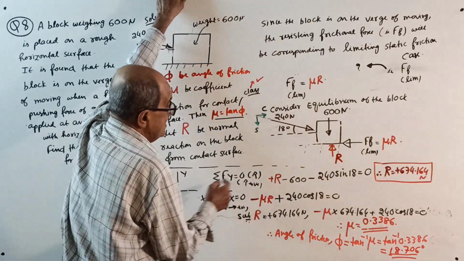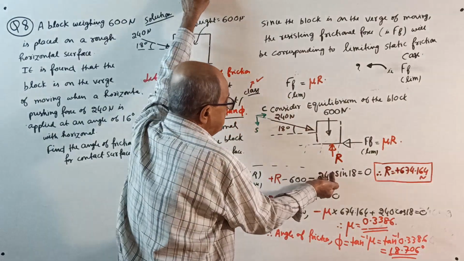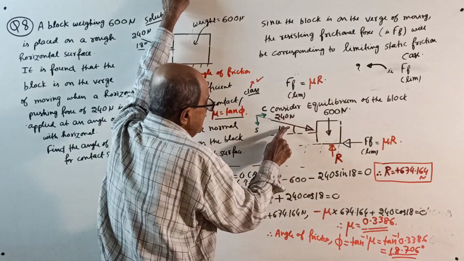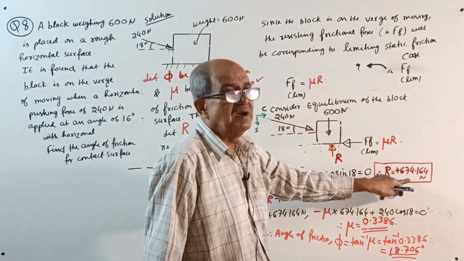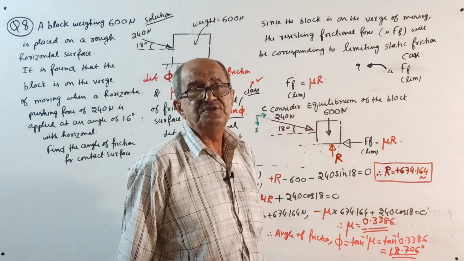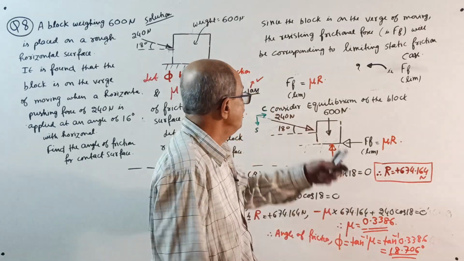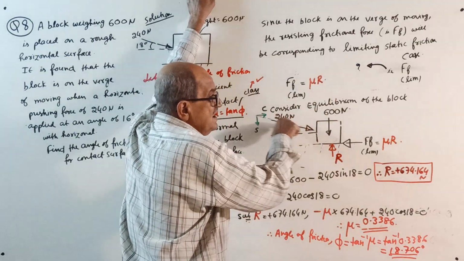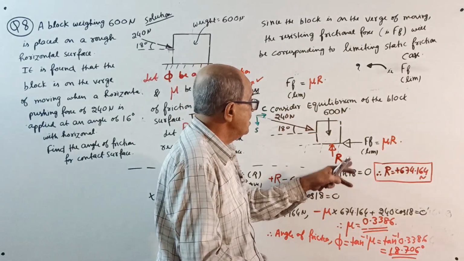As usual, plus R minus 600 minus 240 sine 18 equals 0. Therefore, R will come 674.164. Now R came a little more than last time because 600 is pushing, and even the vertical component of 240 is pushing the surface. A little more rubbing will come now.